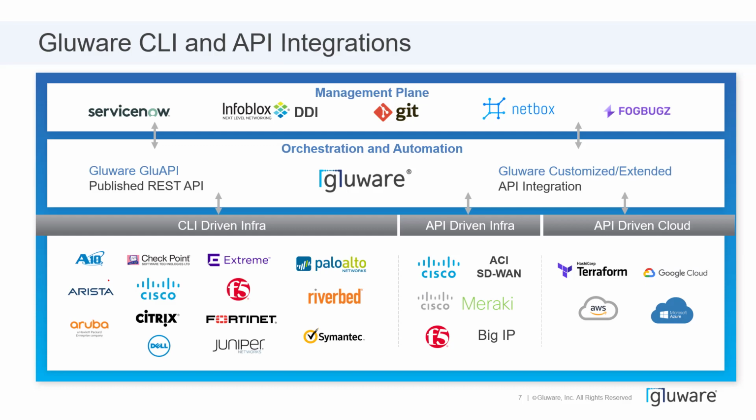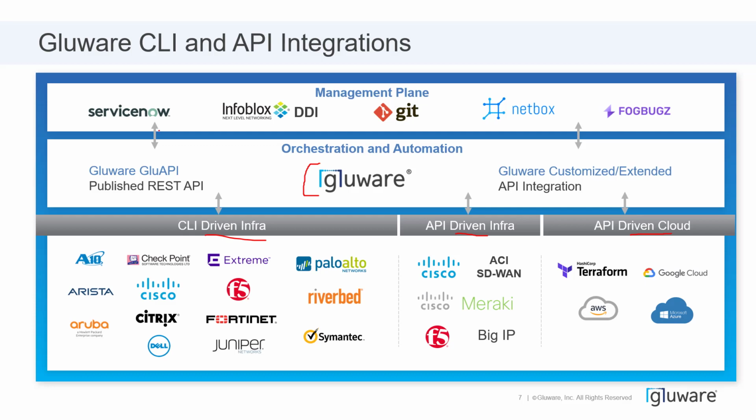So, what we offer customers is the ability to begin to consolidate at the O&A layer and leverage Gluware across your CLI-driven infrastructure and your API-driven infrastructure. And as your NetOps teams are required to spin up and manage network infrastructure in the clouds like AWS and others, enabling them with a product like Gluware allows them to very quickly and easily spin up predefined or standard deployment and configuration.